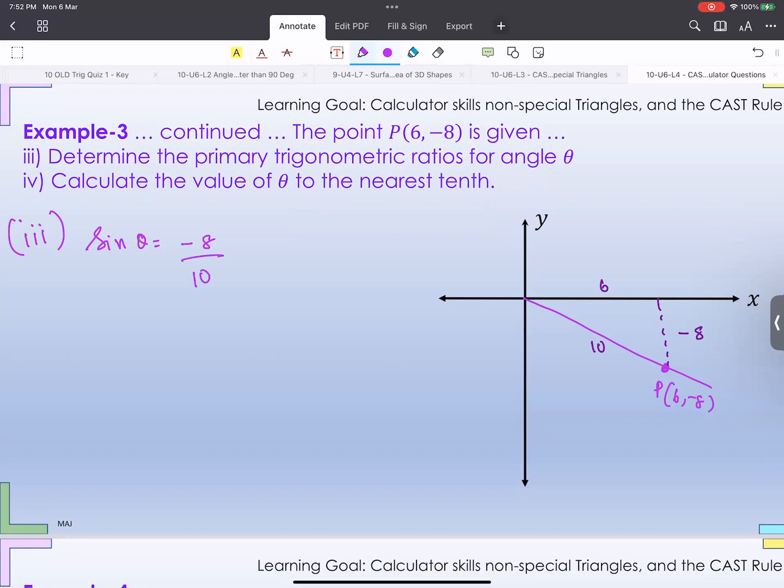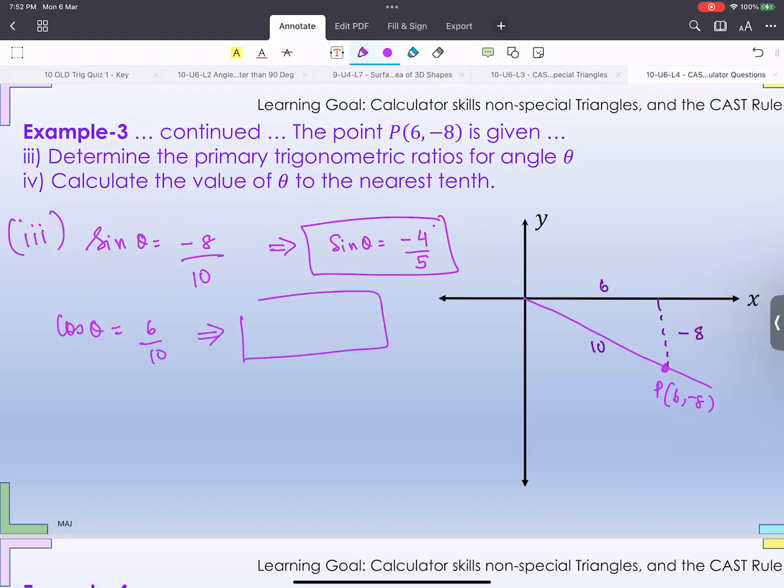That's opposite over hypotenuse. And sine should be negative in the fourth quadrant. Only cosine should be positive. You can also simplify this and write it as sine theta is negative 4 over 5. Cos theta is adjacent over hypotenuse, so that is 6 over 10, which you can write as 3 over 5.